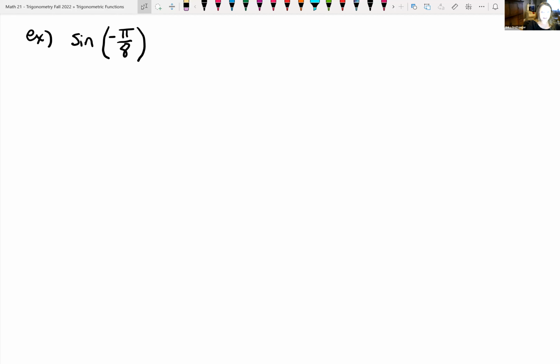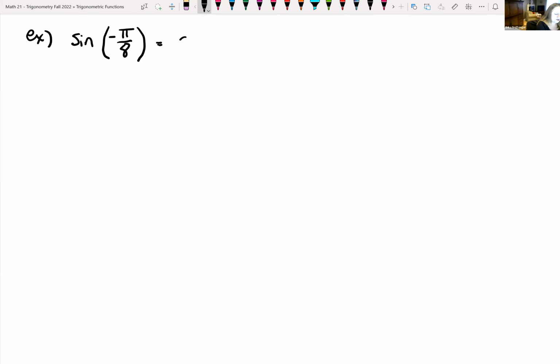So we have another example in front of us, sine of negative pi over 8. It tells us in the problem to use the half angle formula to find the exact value. So we want to rewrite this as a half angle. Again, we don't know how to evaluate sine at negative pi over 8. So manipulating it into an angle that we do know how to evaluate is going to help us.